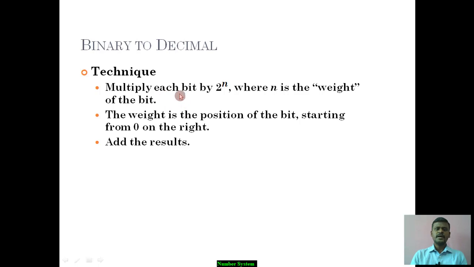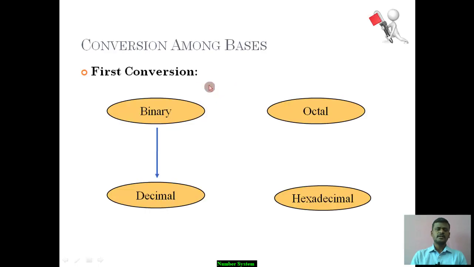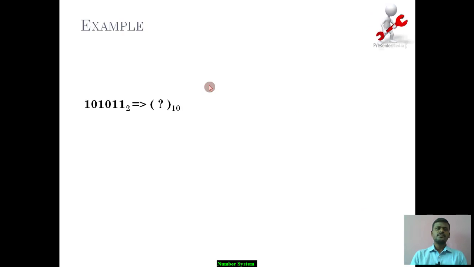Example is, first we will take the example of 101011 of binary value to decimal value, means we are converting from binary to decimal here. As we have seen in the technique, multiply each bit by 2 raised to n. Before multiplying we should find out the weight of each bit.